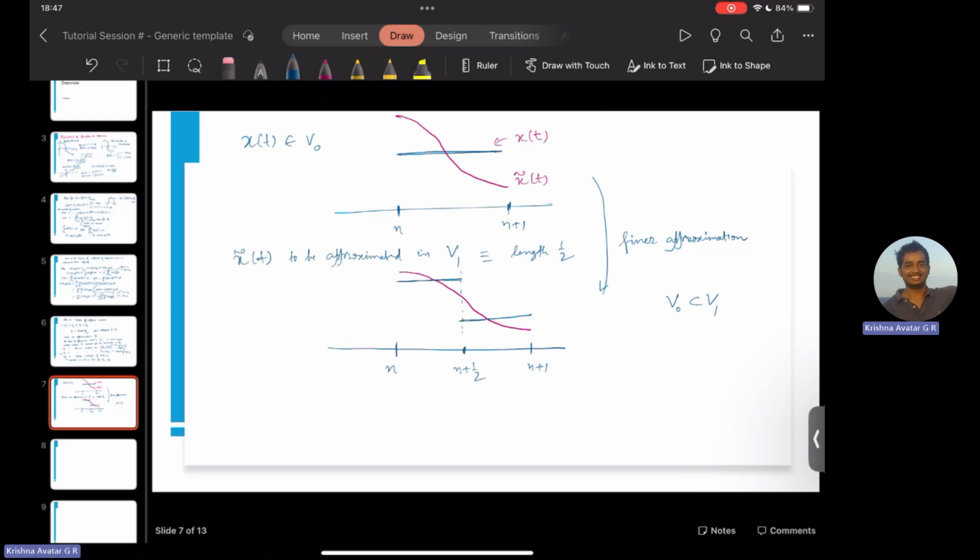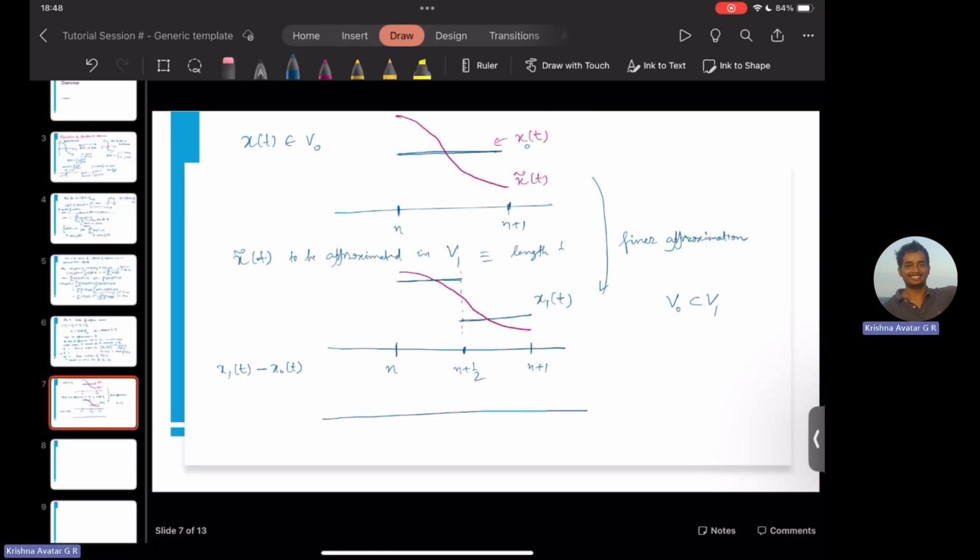So let's call this approximation x0, and we'll call this x1. What we would be doing is x1(t) minus x0(t), and that's what we are going to do here.